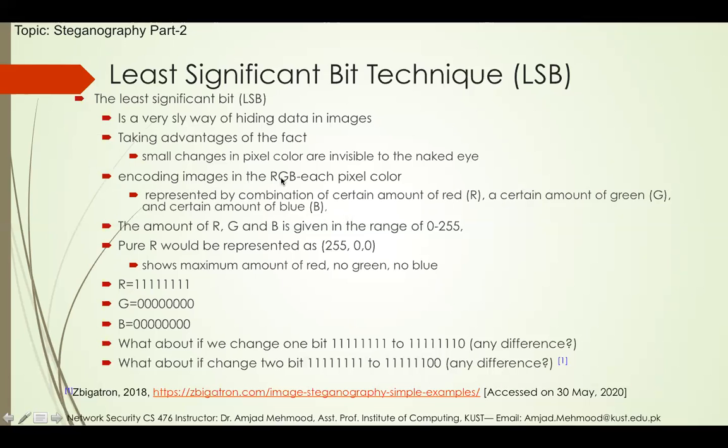Encoding images in red, green, blue: each pixel color is represented by a combination of a certain amount of red, a certain amount of green, and a certain amount of blue. The amount of red, green, blue is given in the range 0 to 255.